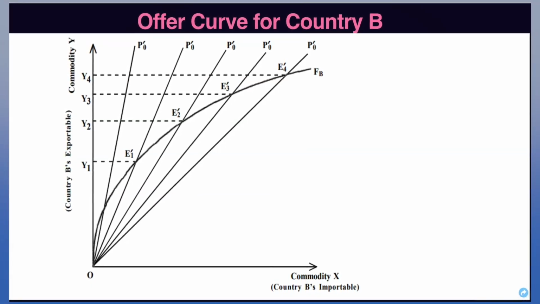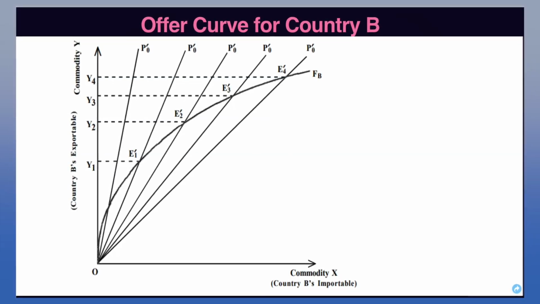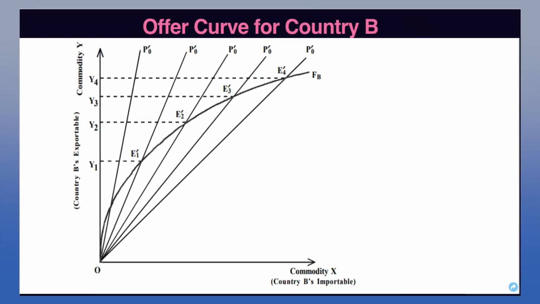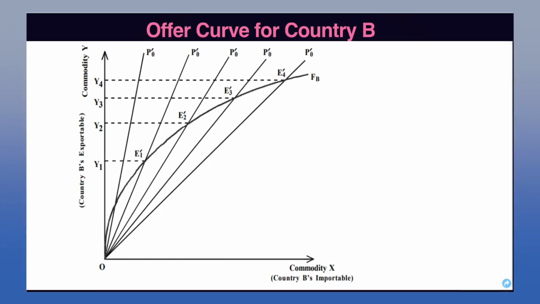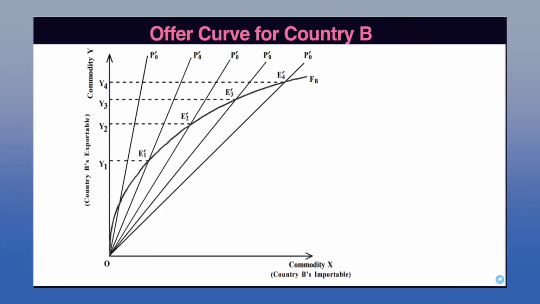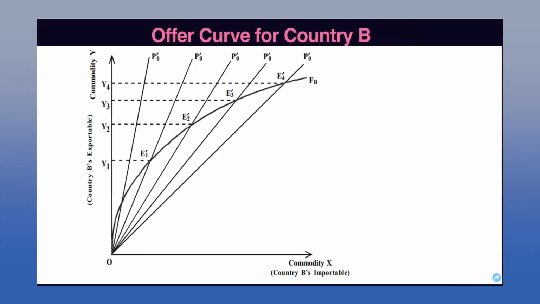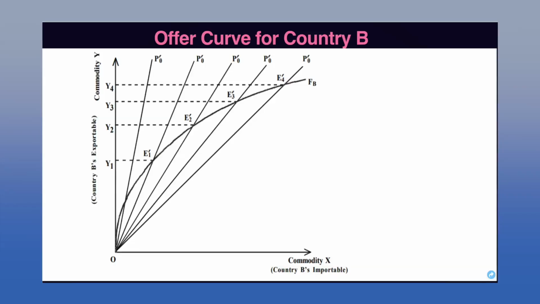So, figure 5.2 shows the offer curve for country B. Now, the steepness of the price ratio line decreases when the price of commodity Y increases relative to that of commodity X. In the same way, following the logic explained above for country A, the offer curve for country B, OFB, can be derived.